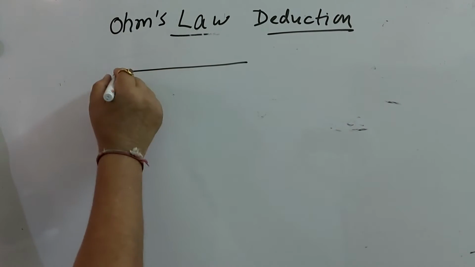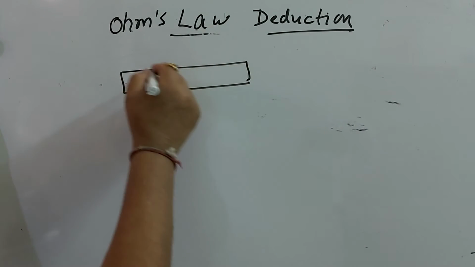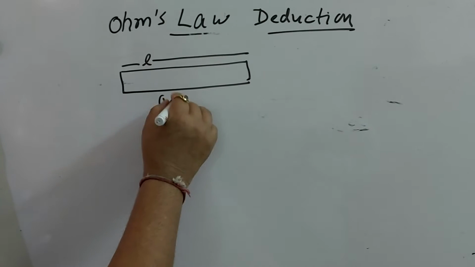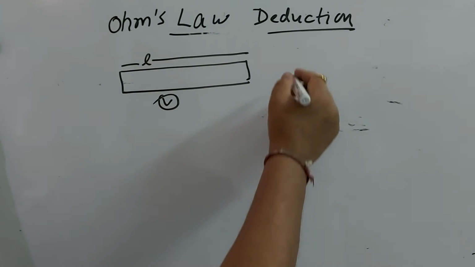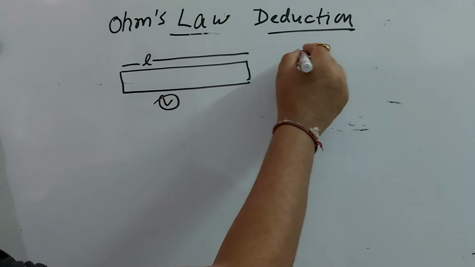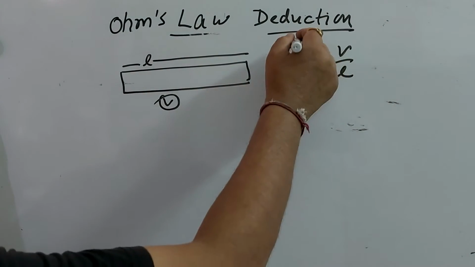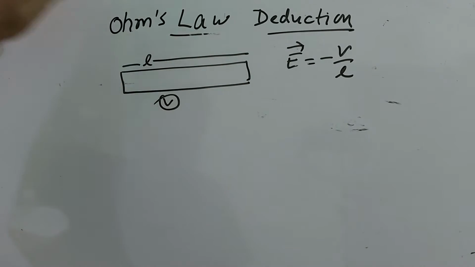Now, suppose this is a conductor having length L, and V is the potential difference applied across this conductor, and the electric field is given by this relation. This is the electric field, meaning in the direction of the electric field potential decreases.